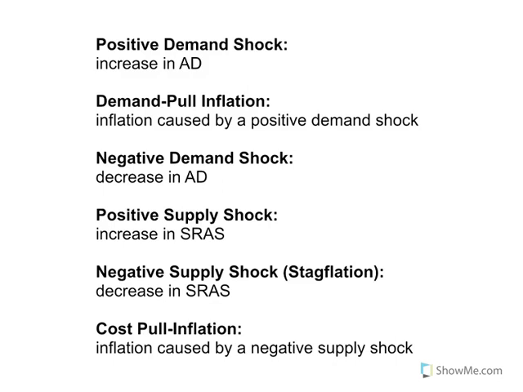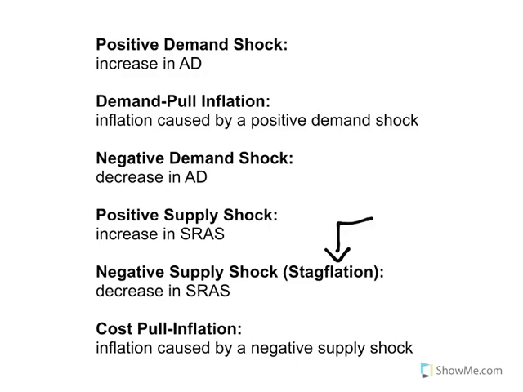The one thing I will point out here is that a negative supply shock is called stagflation. The reason for this, you see kind of two words here. You see the word stagnant, which means an economy that isn't really producing anything, and we see the word flation, or inflation, which means a higher price level.